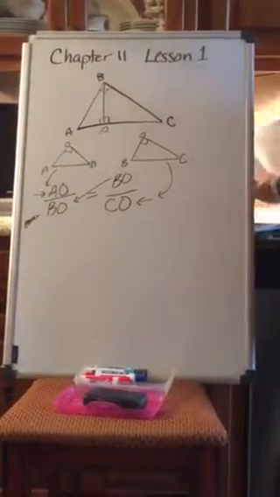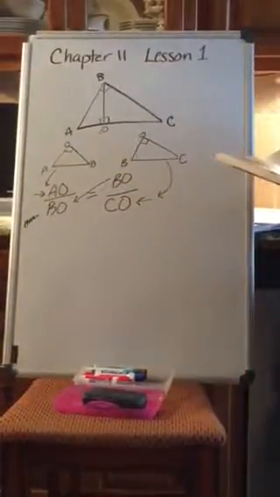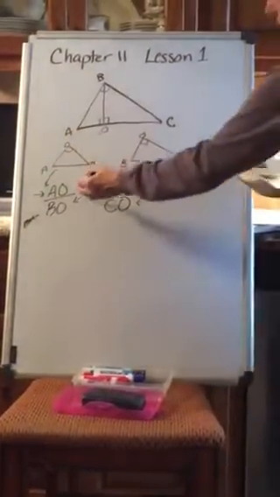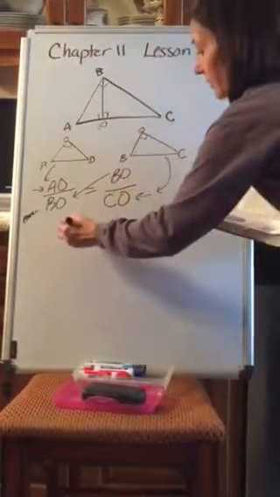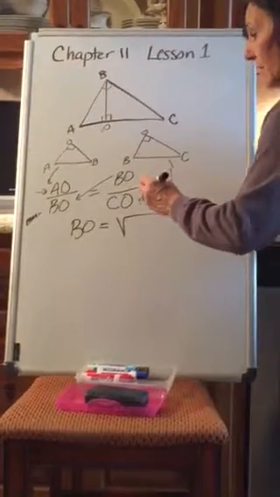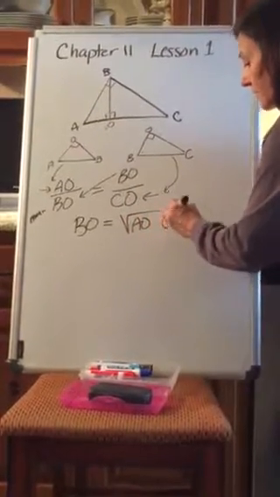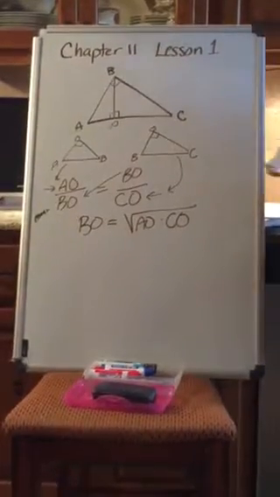Look at BO. BO in both of these is the geometric mean between AO and CO, such that BO would equal, and this was on your last test, the square root of the length of AO times the length of CO.